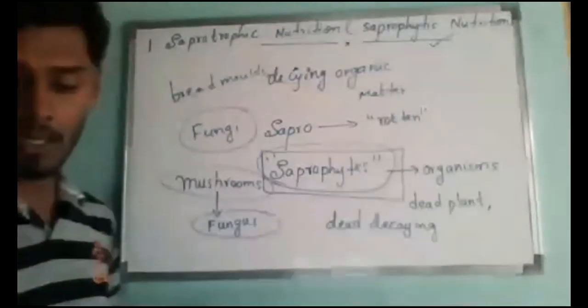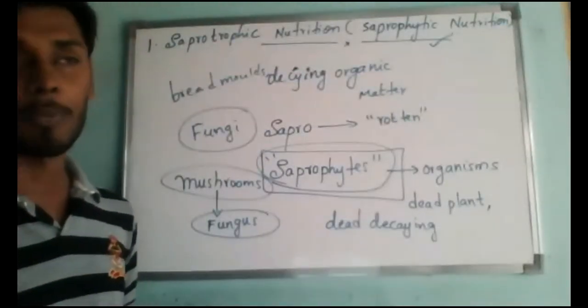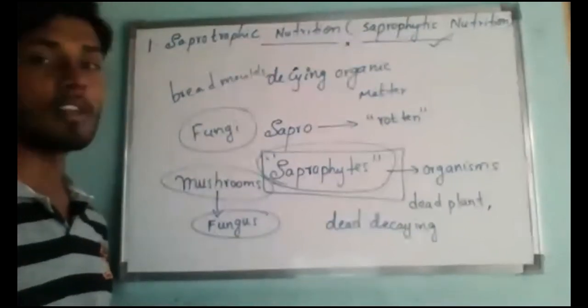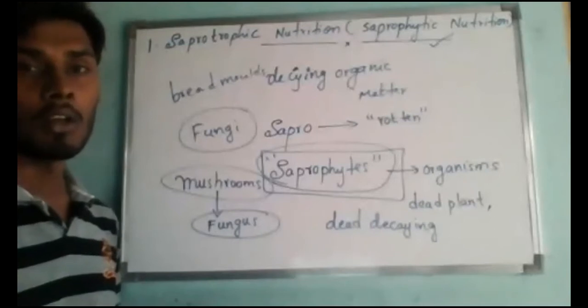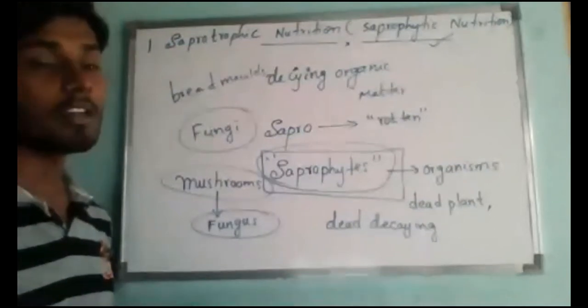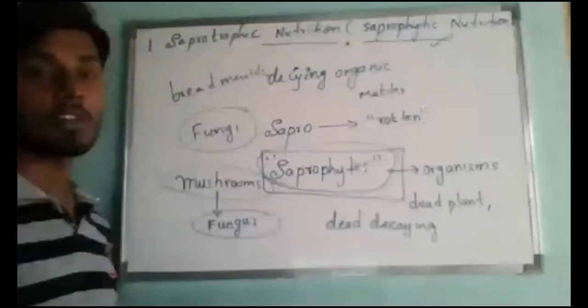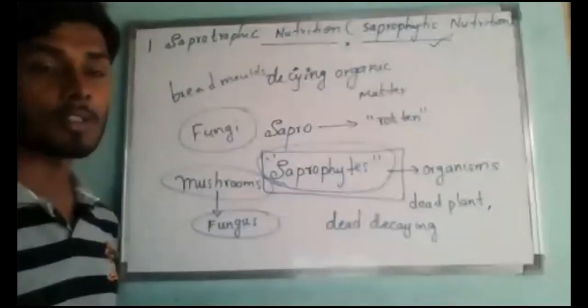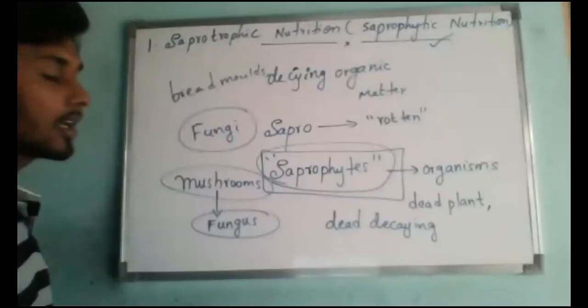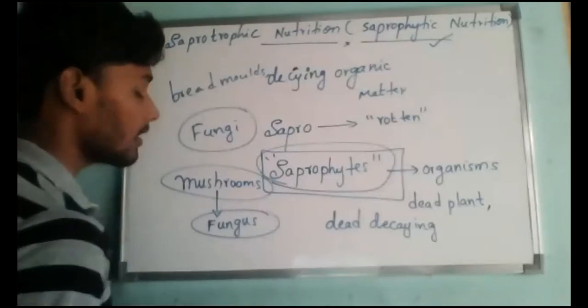The examples of saprophytic nutrition are fungi like bread molds, yeast, mushrooms, which depend on dead and decaying matter, and most of the bacteria.